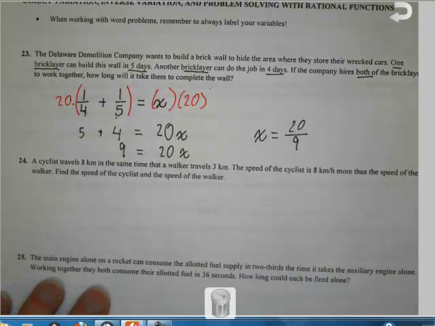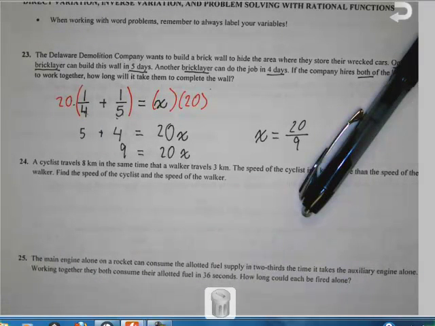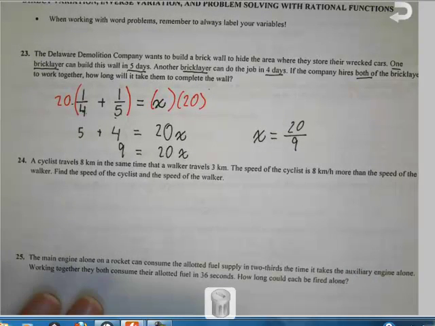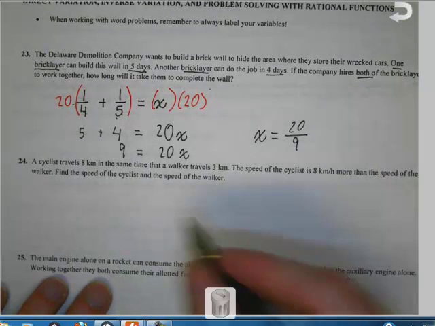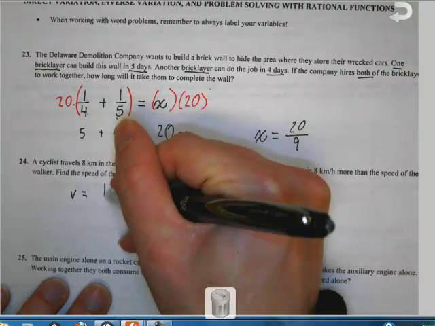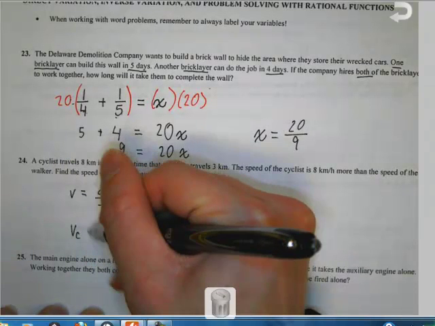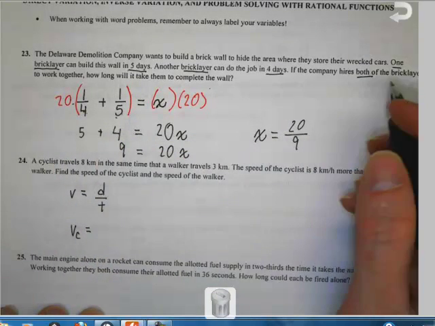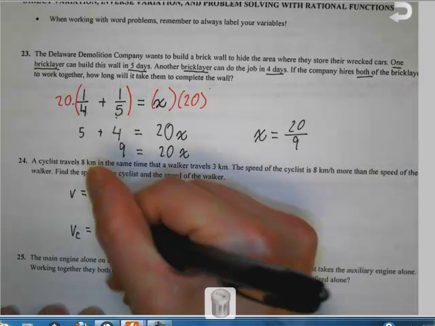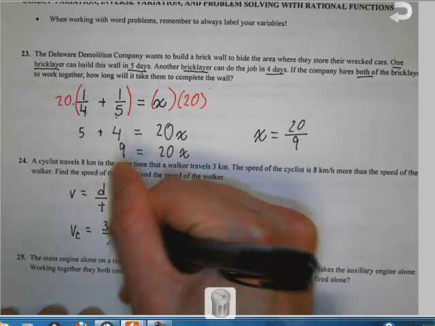Now, for number 24, a cyclist travels the same time as a walker travels 3. When you're trying to find the velocity, you remember that velocity is equal to distance divided by time. So the velocity of the cyclist is equal to the distance, which is 8 kilometers, over time.